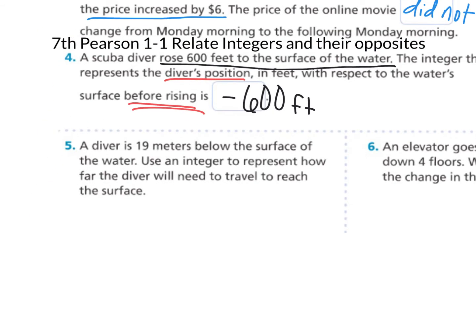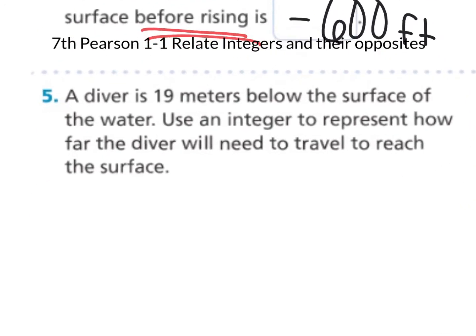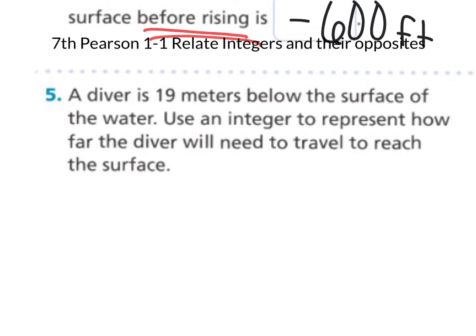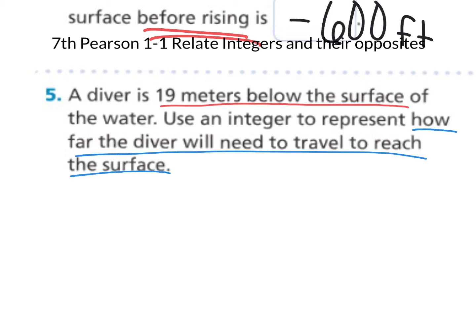Okay. Number 5. A diver is 19 meters below the surface of the water. Use an integer to represent how far the diver will need to travel to reach the surface. Okay, so they're under the water.